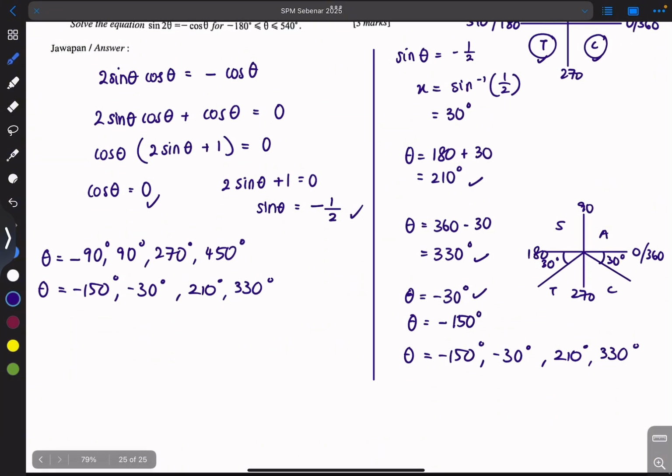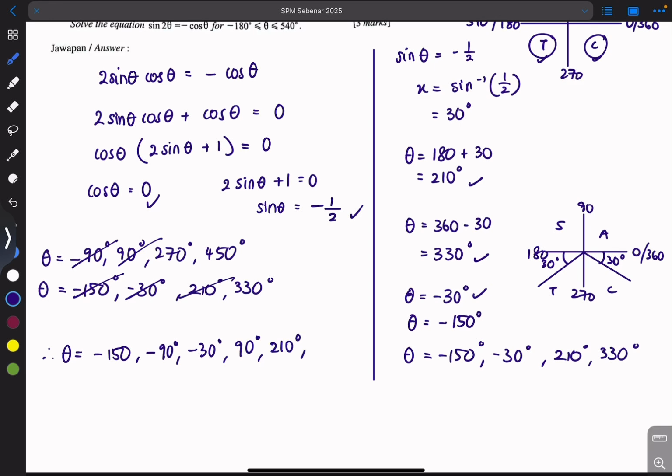So together, all these will be our answer. So in conclusion, you can say theta is negative 150, negative 90, negative 30, 90, 210, 270, 330, and 450. Wow, that's a lot of angles just for 3 marks.